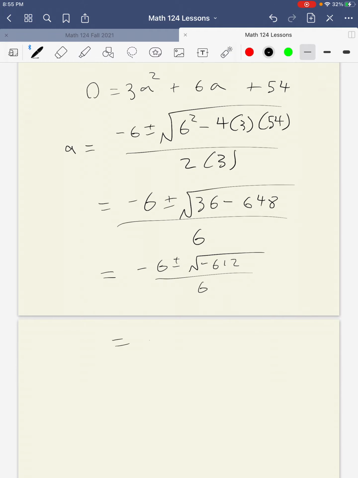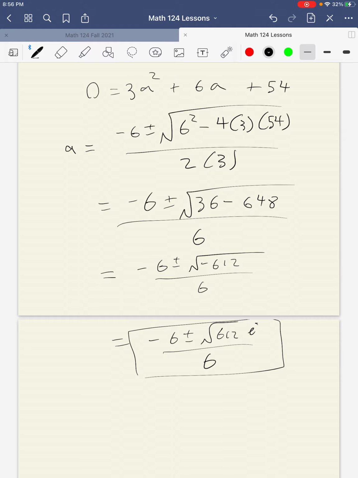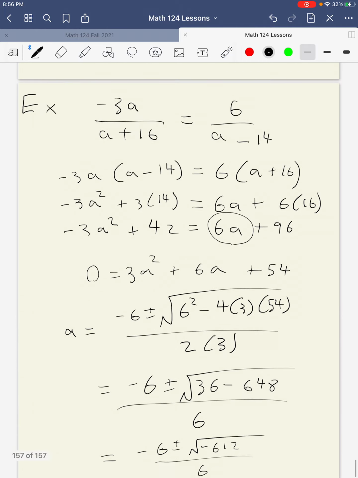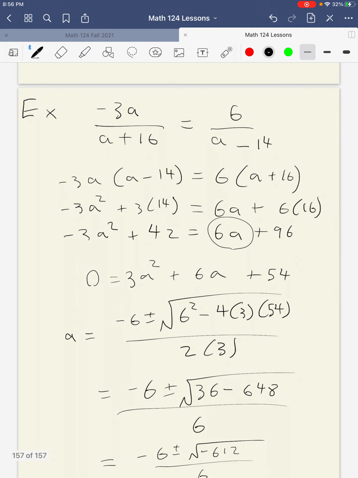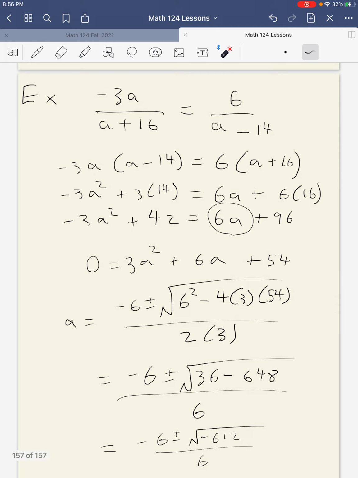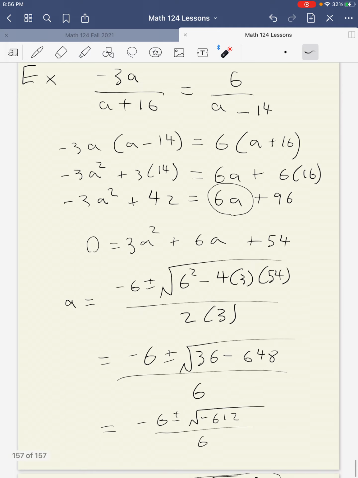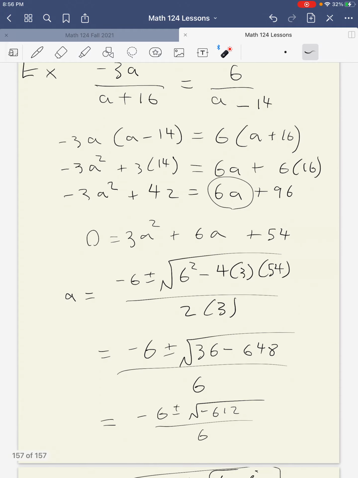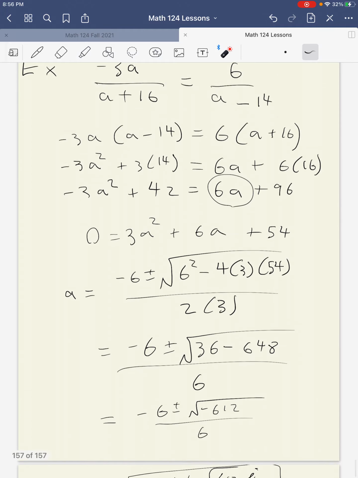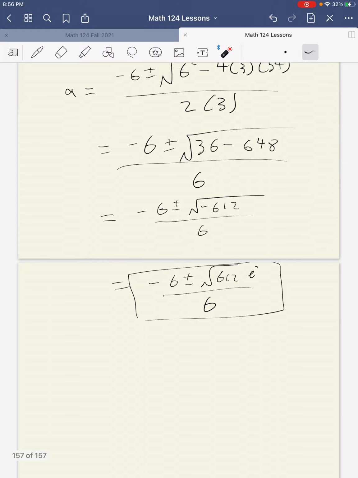Okay, so that's negative 6 plus or minus square root 612 i over 6. Okay, so we get two complex solutions here. Let me double check my work. Okay, yeah.